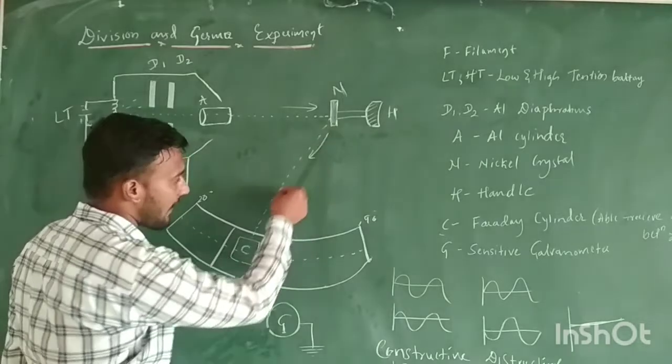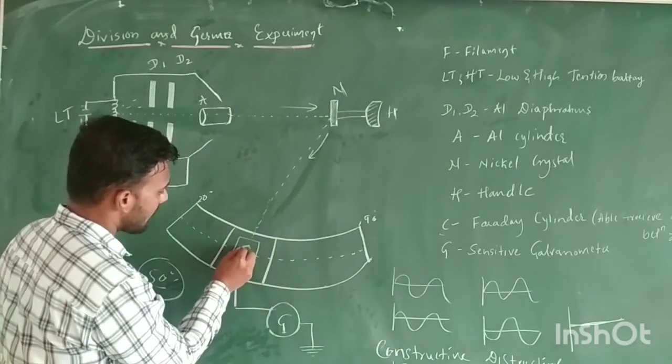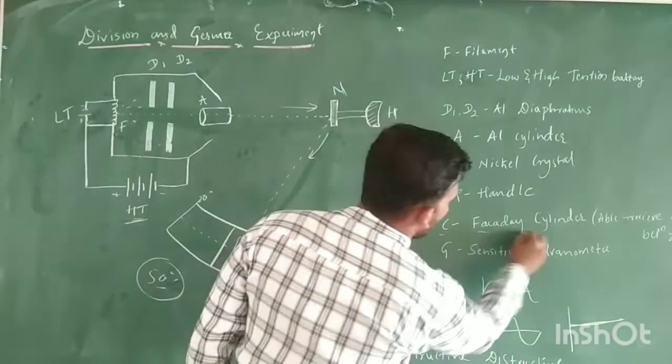After diffracting, the electrons strike the Faraday cylinder C, as mentioned here.